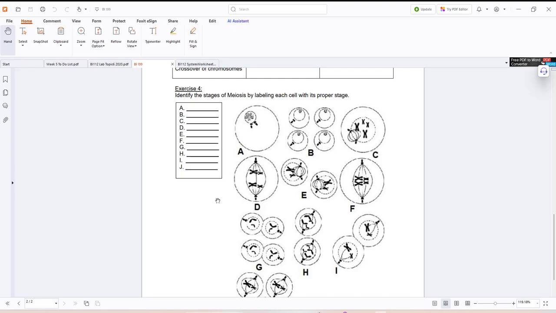When you're looking at these different cells, one thing that's easy to look at, in deciding between prophase 1 or prophase 2, is how many cells are present. If there are 2 cells present, that automatically says that it's prophase 2 and not prophase 1.